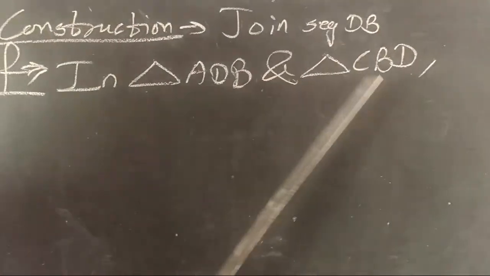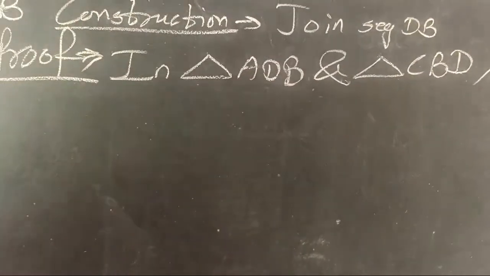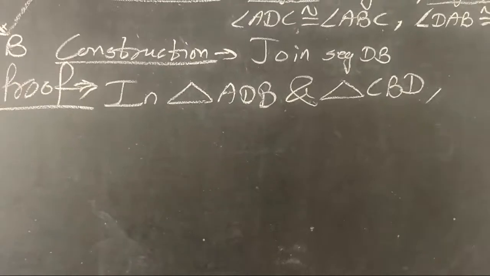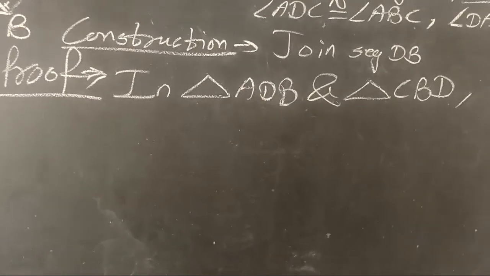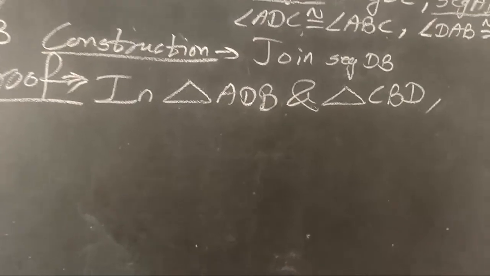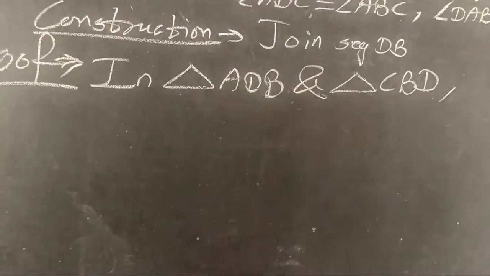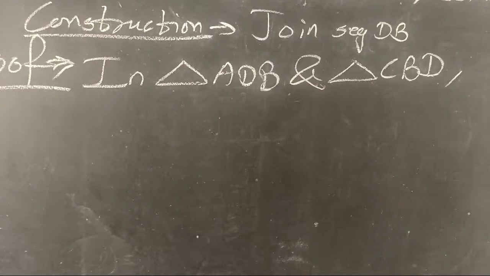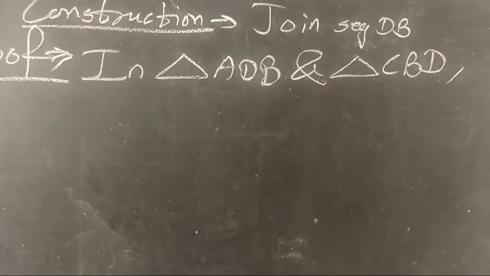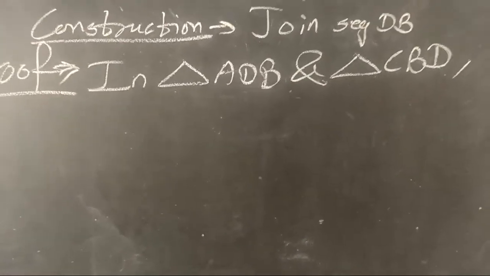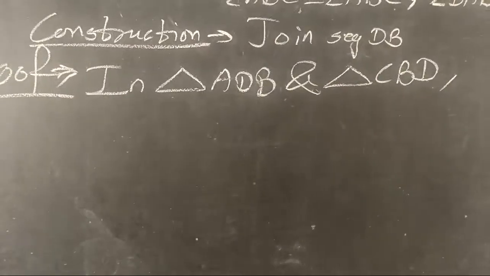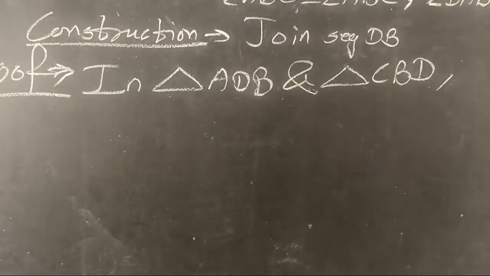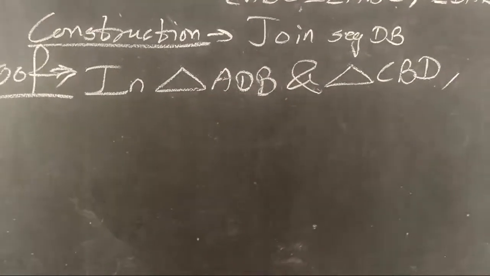For showing two triangles are congruent, how many conditions are essential? Three conditions is the correct answer. Which are they?